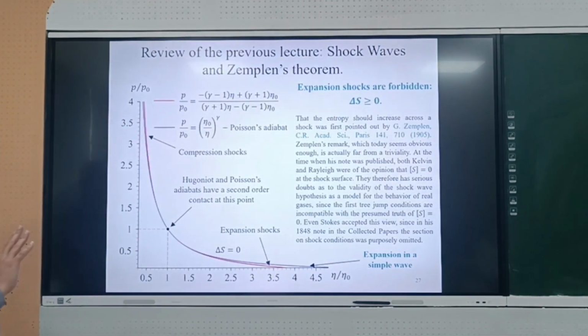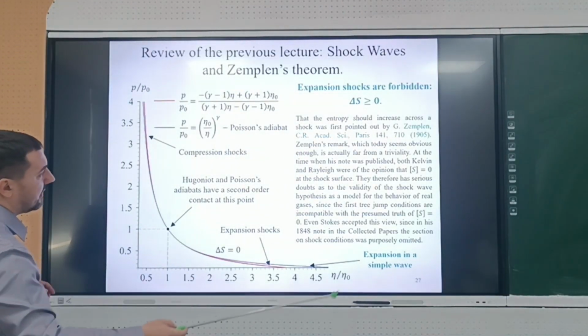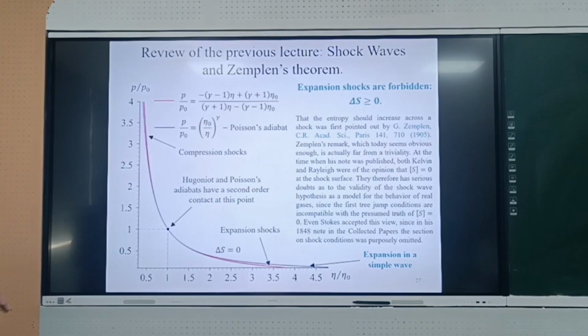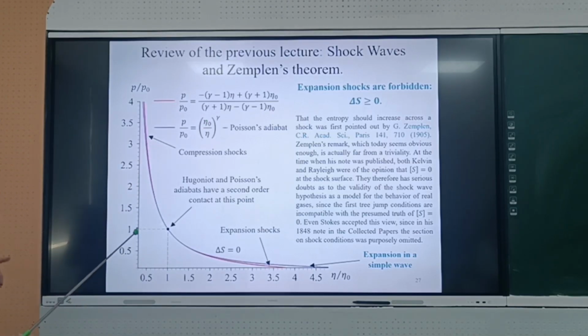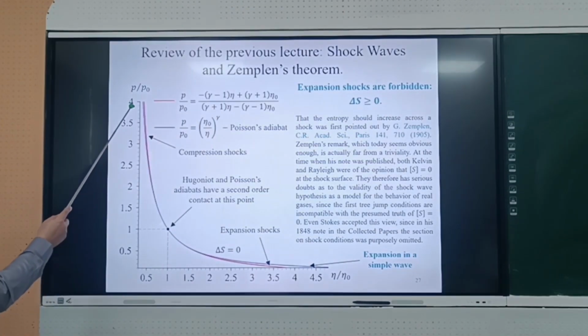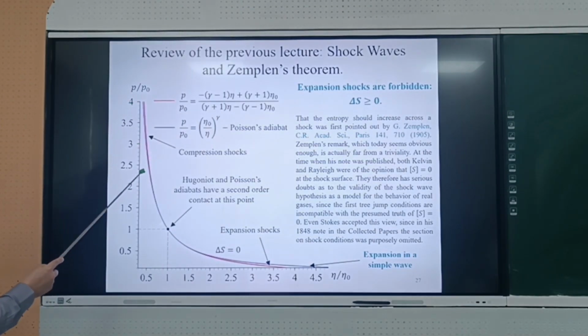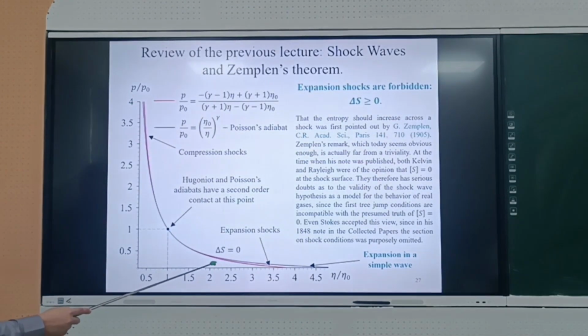Before the manipulations, I'd like to show you the connection of these results with the results from the previous lecture. So this was a slide from the previous lecture about the simplest theorem. I'd like to remind you that we plotted the Hugoniot adiabatic curve. It's the red one, right?